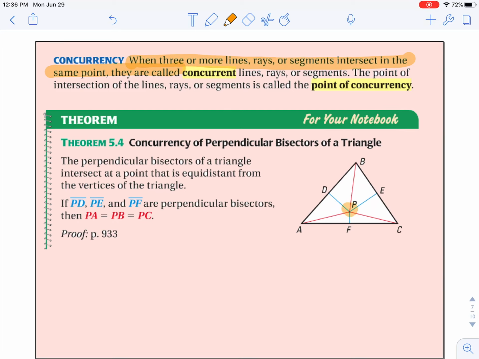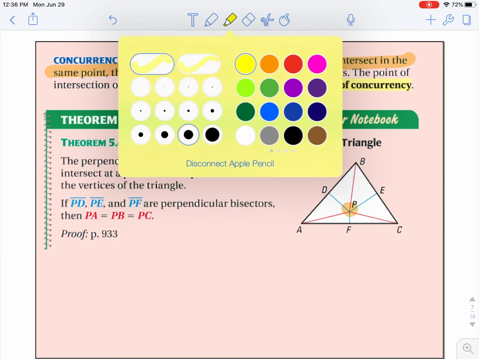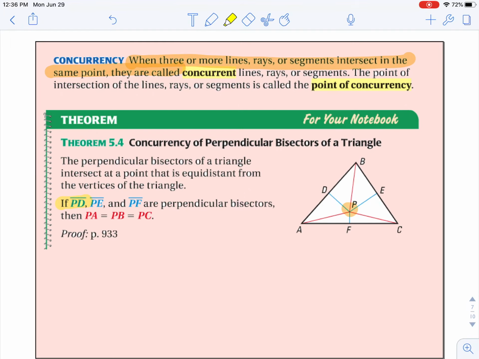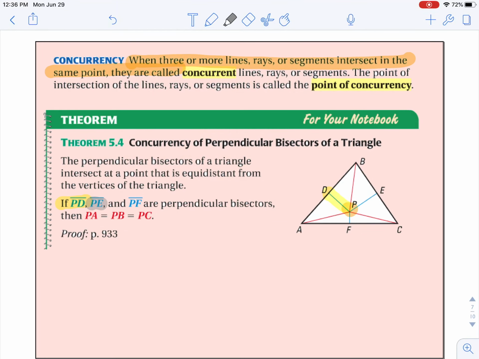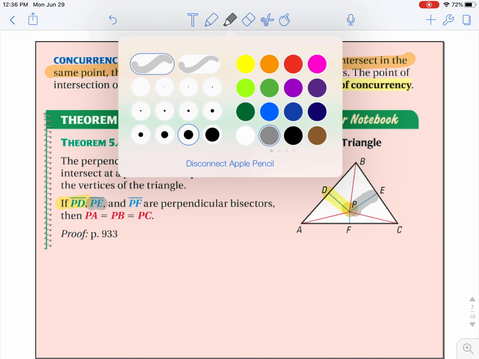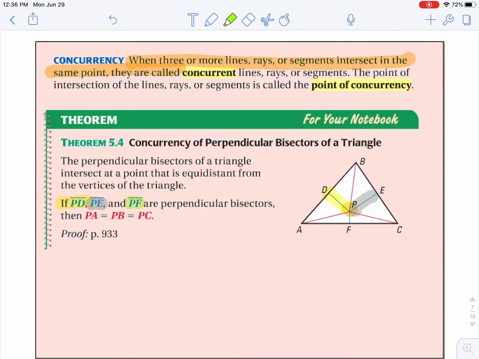PD right here is one perpendicular bisector, PE is another perpendicular bisector, and PF is a perpendicular bisector.